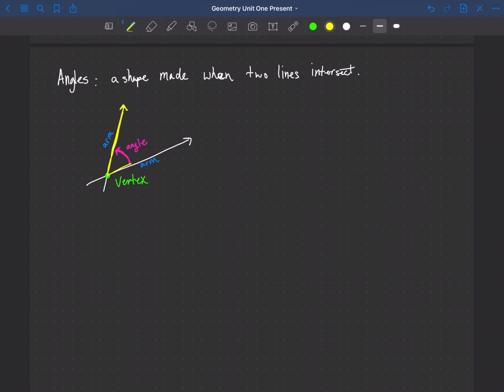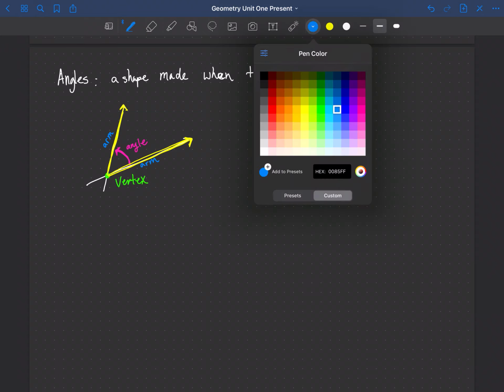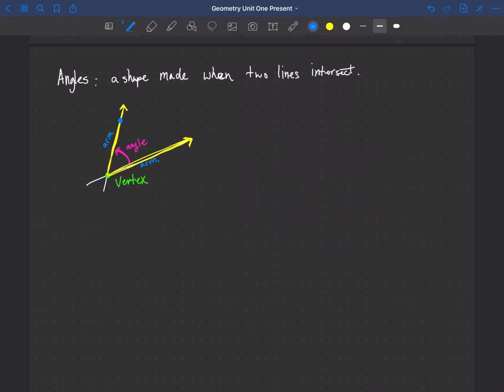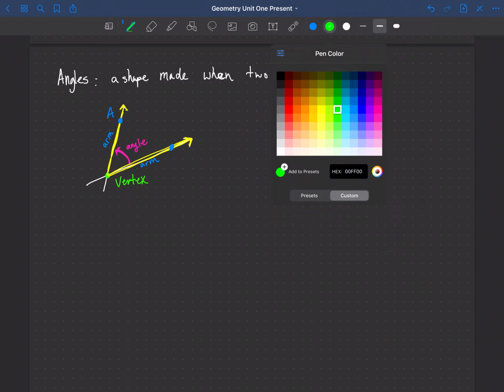And then we also have the arms of my angle. So let's try to highlight this angle to see what we have. We have our vertex with our two arms to create our angle.